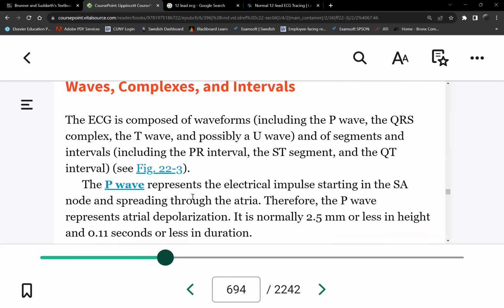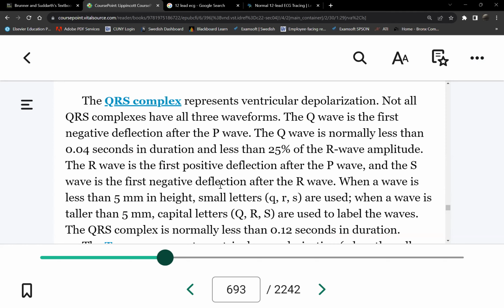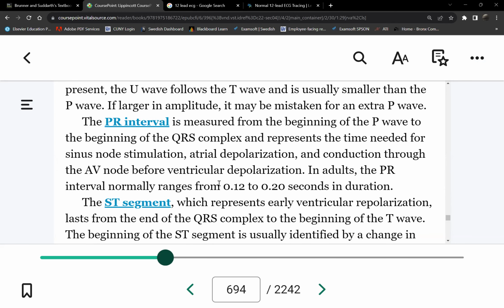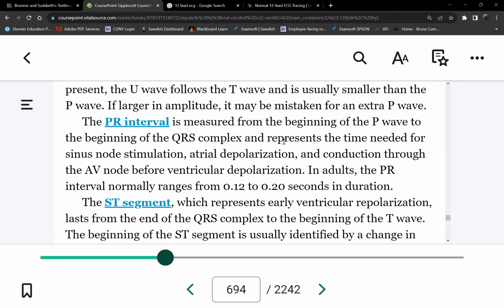So here we started with the P wave and we know what the P wave represents. Let's look at the PR interval first, this one. Thank you for reading, Ms. Duff. PR interval.